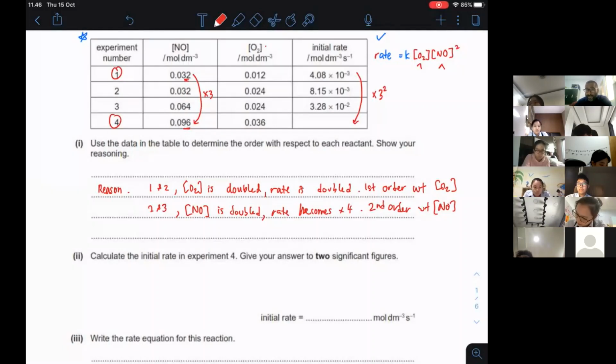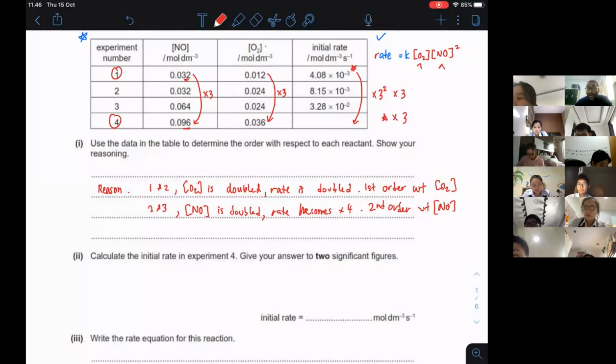I need to times that with 9. Now, this one, when I times by 3, we know that this rate is going to be first order. So I need to also times by 3. So the value that you have over here must times with 3 to the power of 3 actually, the overall order.